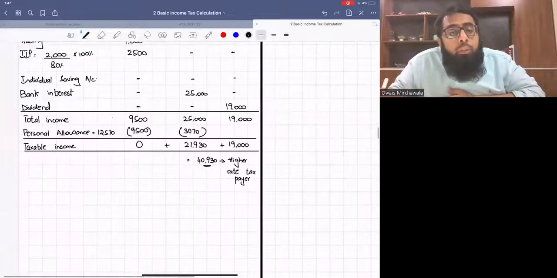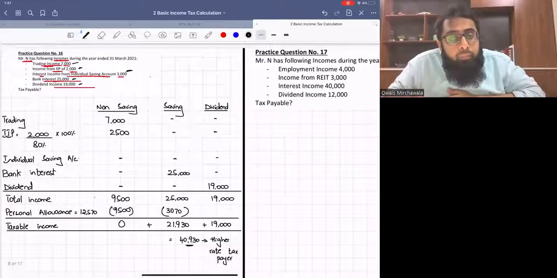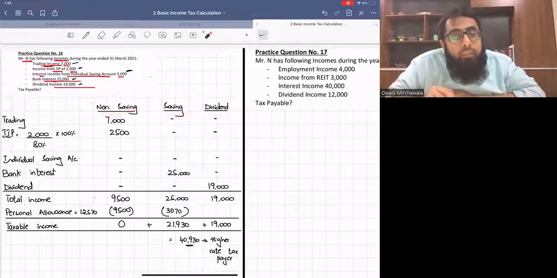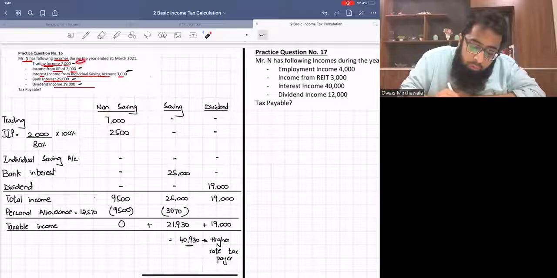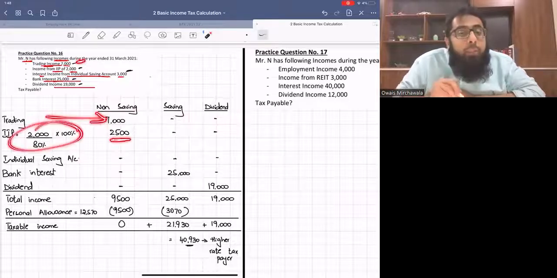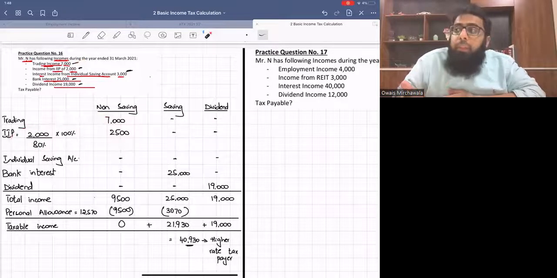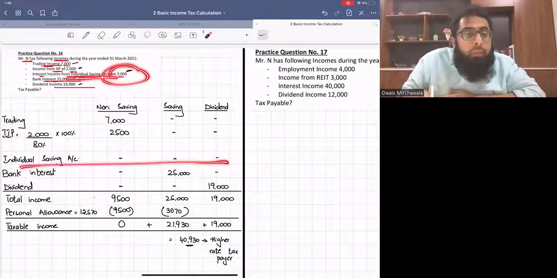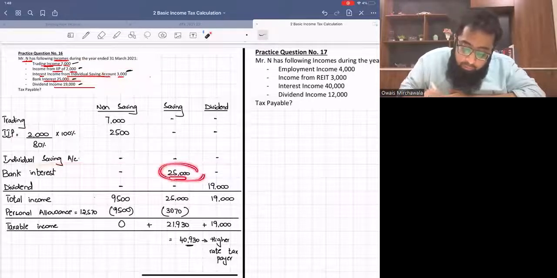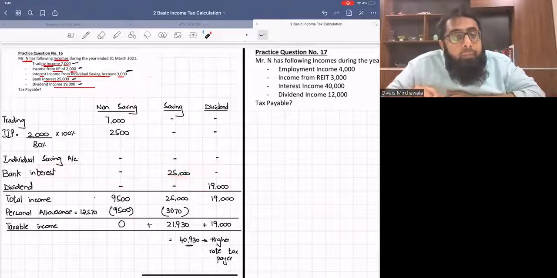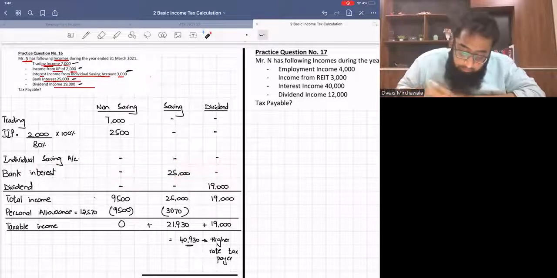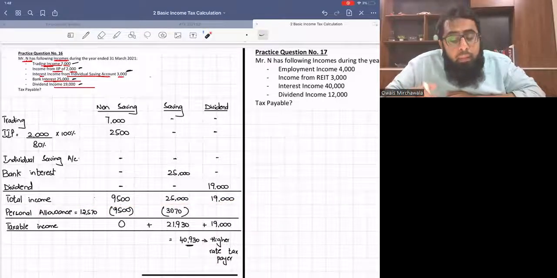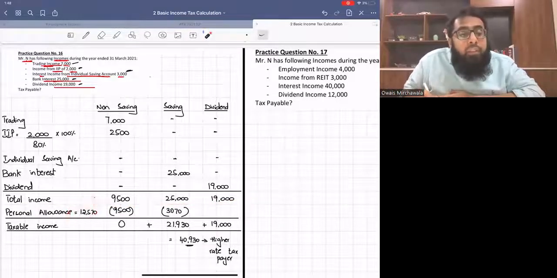See, it is also one of the routine questions. What we did was, first of all, we classified the incomes. Trading income goes in non-saving. Interest in possession trust is grossed up, 20% withholding, non-saving head. Individual saving account is exempt. Bank interest goes in saving, dividend goes in dividend. We added all the incomes to arrive at total income. Then the personal allowance is 12,570.